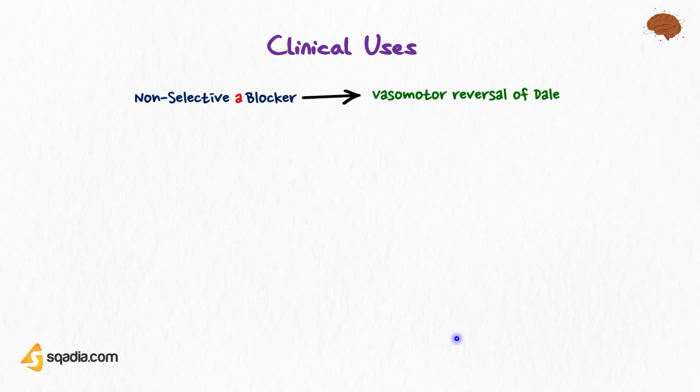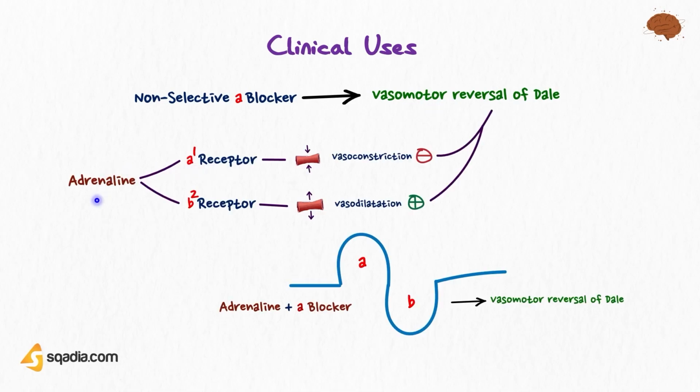the clinical uses. The non-selective alpha blockers may cause vasomotor reversal of Dale. Now, what is the vasomotor reversal of Dale? Adrenaline acts on alpha-1 receptors, and it also acts on beta-2 receptors. Adrenaline, when acting on the alpha-1 receptor, promotes vasoconstriction, while when acting on the beta-2 receptor, it promotes vasodilatation.